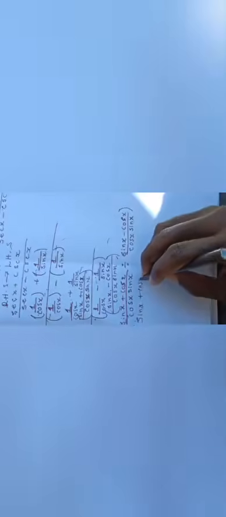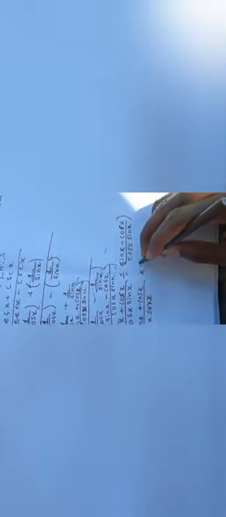So I can also write this as sine x plus cos x over cos x sine x times, so these are going to swap, right? So cos x sine x is going to be on the numerator, then on the denominator I'm going to have sine x minus cos x.